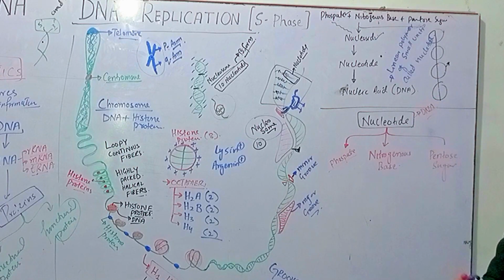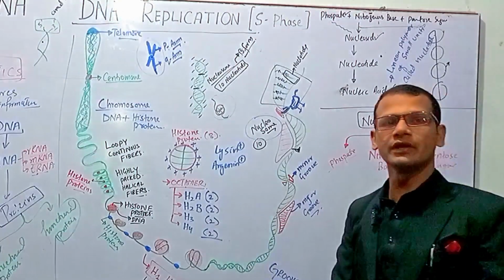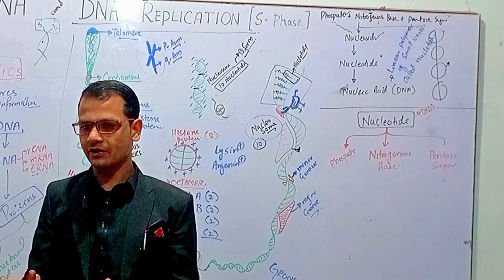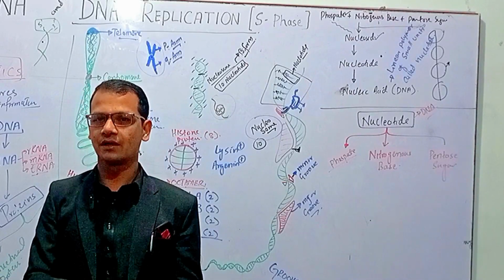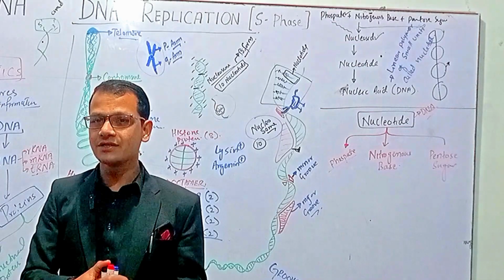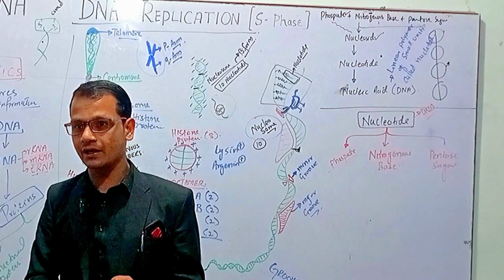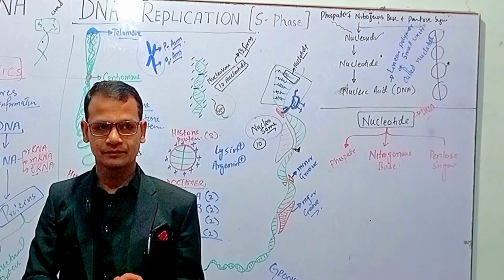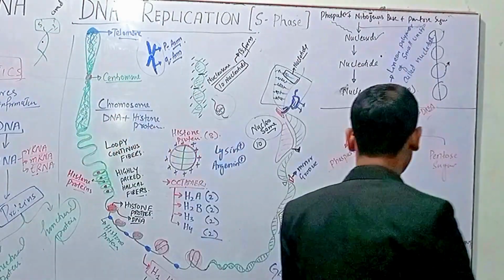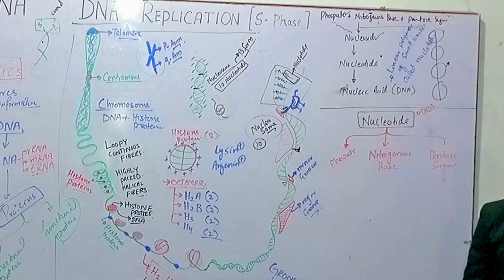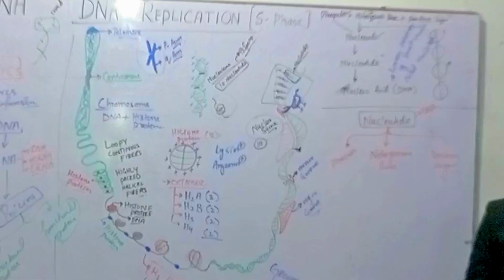What is nitrogenous base? How can we define nitrogenous base? There are two types of nitrogenous bases, purines and pyrimidines. But what is nitrogenous base? These are the heterocyclic nitrogen containing aromatic rings, right? One ring or two rings form this nitrogenous base.